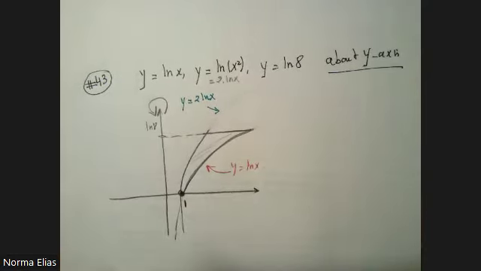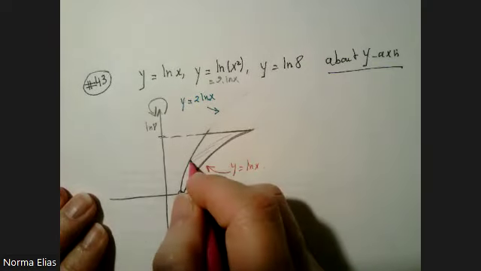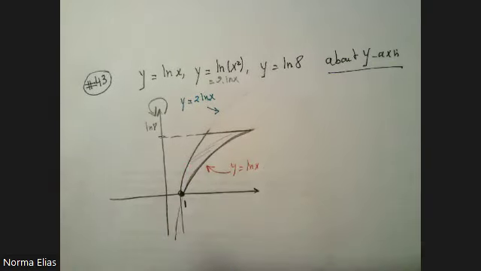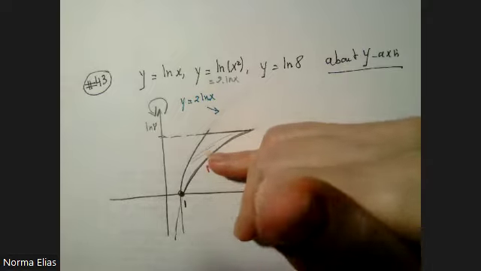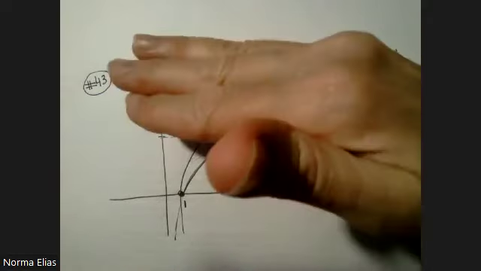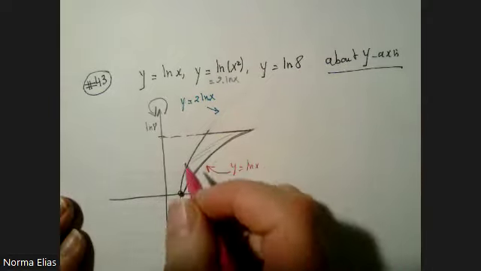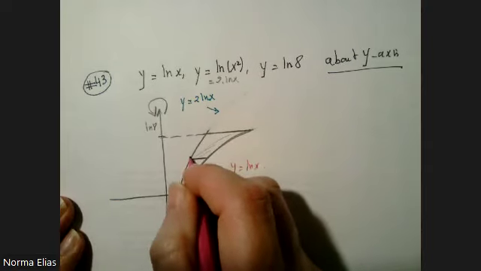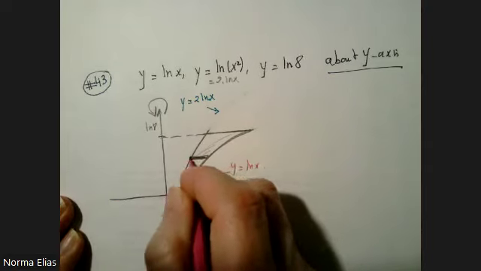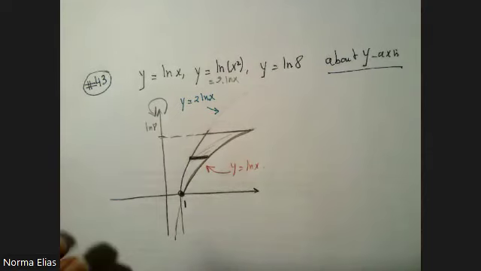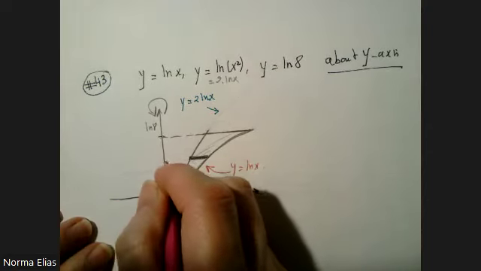We're going to fill this with washers, and the washers are going to be horizontal washers. So we're filling this whole region with horizontal washers. This is my basic washer, right there. This is my yi.